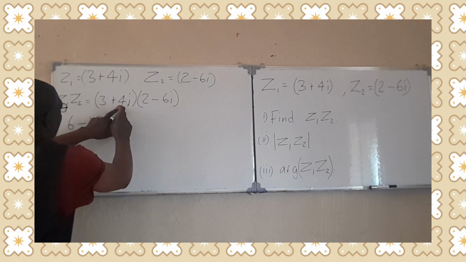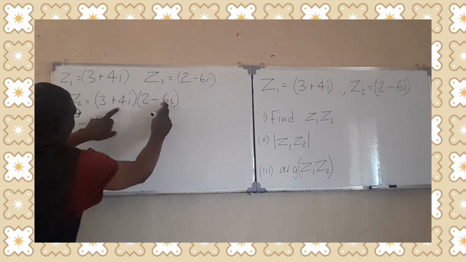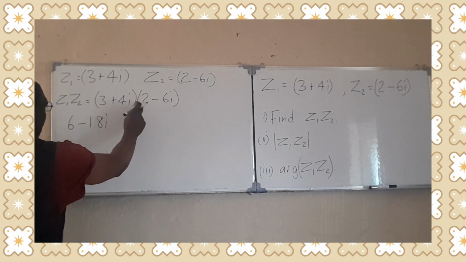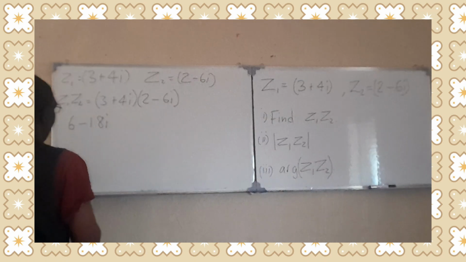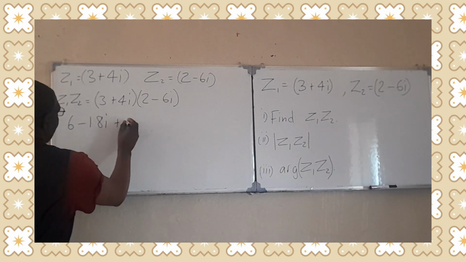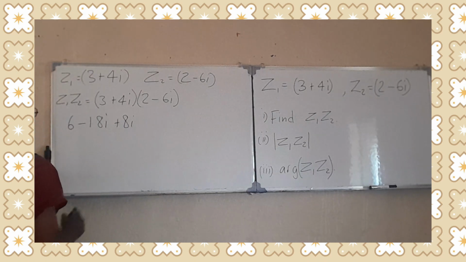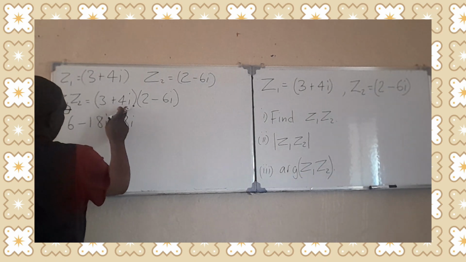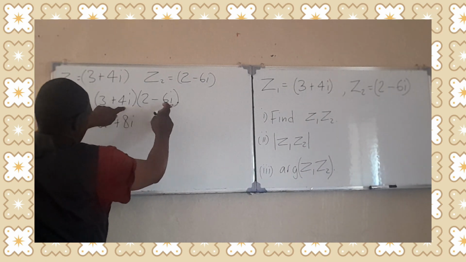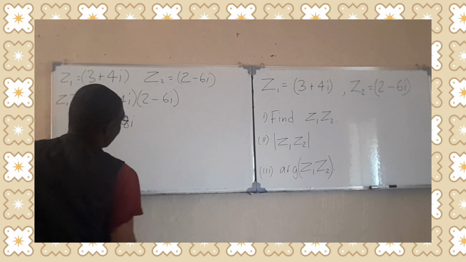Now we want to multiply this and that. So 4i multiplied by 2 will give us a plus 8i. Right? Then 4i multiplied by a minus 6i.